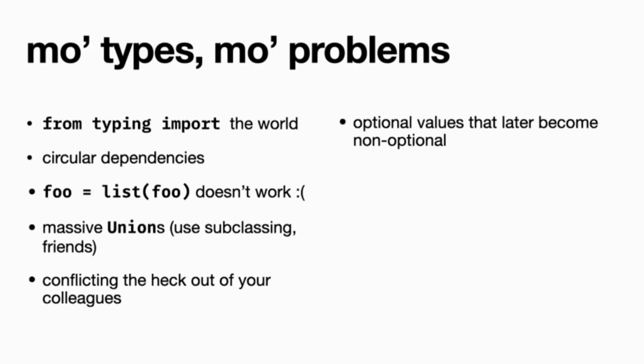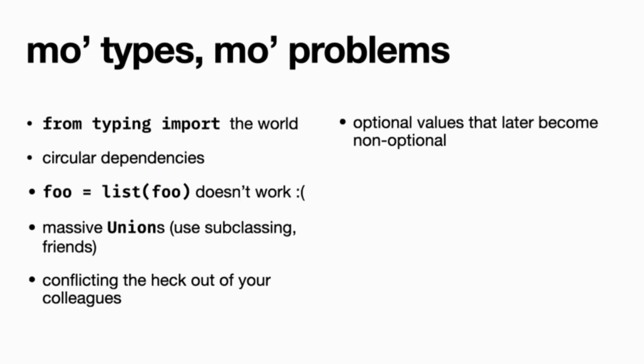There's something called optional in the typing library that you can specify, just like you can specify something as a list of strings or a set of strings. You can say something is an optional string, which means it's either a string or none.